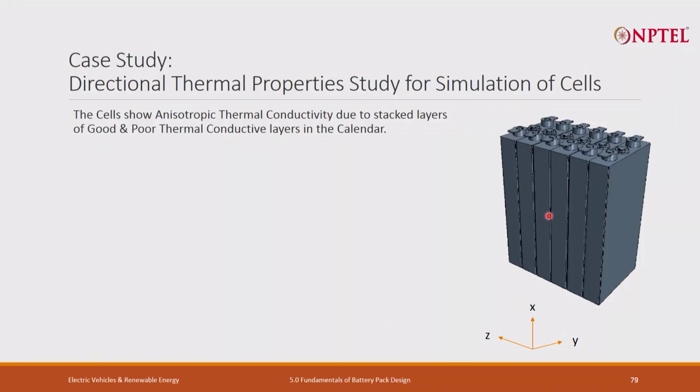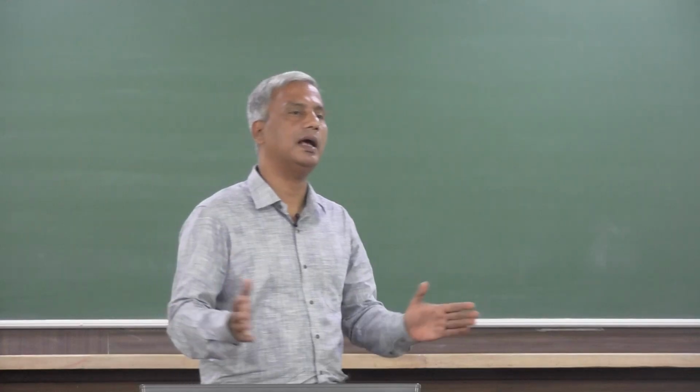A cell does not have uniform thermal conductivity in all directions. In X, Y and Z direction it could be the same or it could be different, and that can be either tested in the lab or we can get it from the manufacturers. If there is a single cell, that may not be that important, but in a battery pack you have a stack of cells.